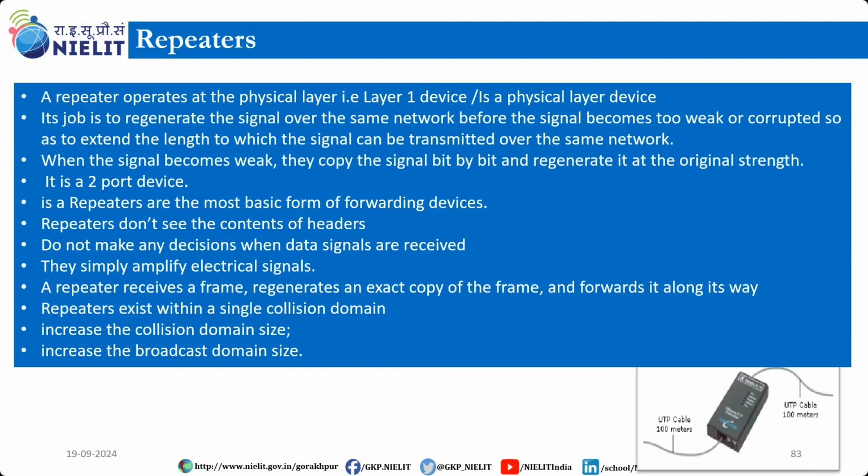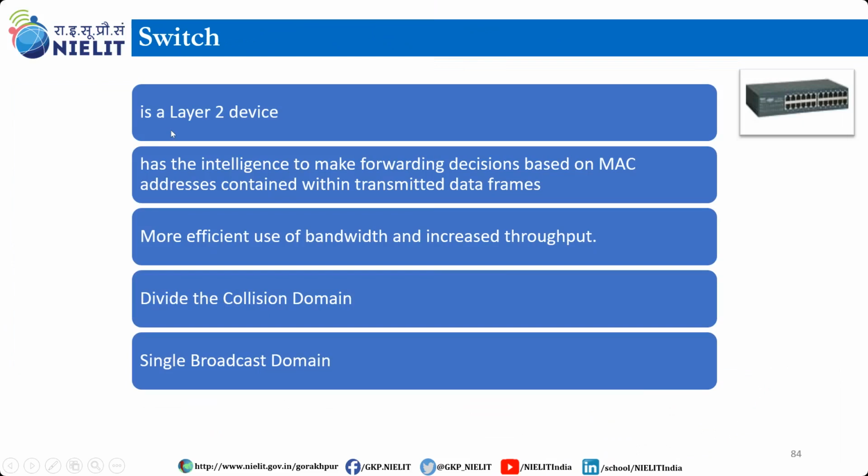After connecting a repeater, the same collision can happen in a 200-meter region. Similarly, broadcast was happening within 100 meters before using the repeater. So we can extend the perimeter of our network with the help of a repeater. Now coming to the switch device.